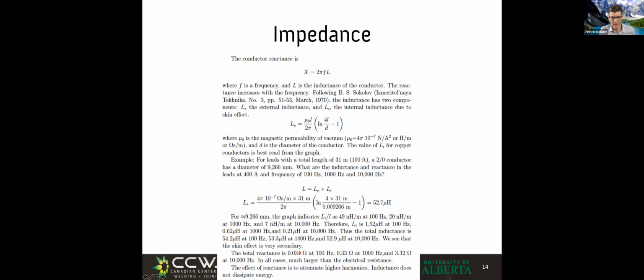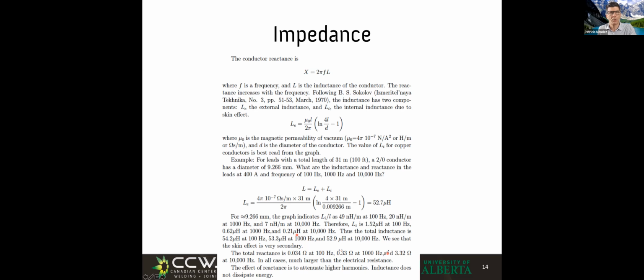So the reactance in this case, when I do 2 pi frequency, would be 34 milliohms at 100 hertz, 330 milliohms at 1,000 hertz, and 3.32 ohms at 10,000 hertz.